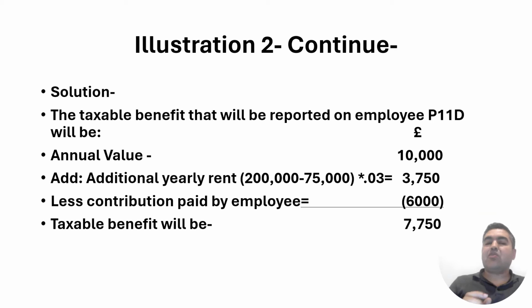The cost to the employer when buying this house was 200,000. So 200,000 minus 75,000 multiplied by 3%, less the contribution paid by the employee, which was £500 per month, so that is 6,000 a year. The taxable benefit to Alex will be 7,750. This will be reported on Alex's P11D for 2022-23.